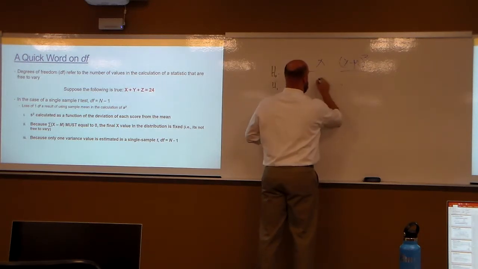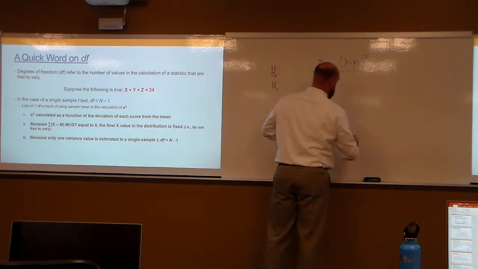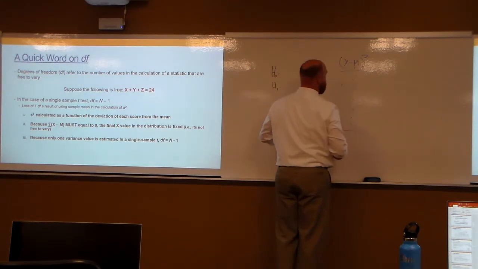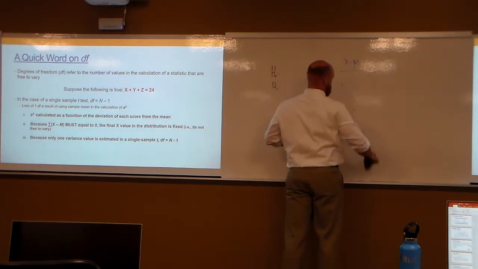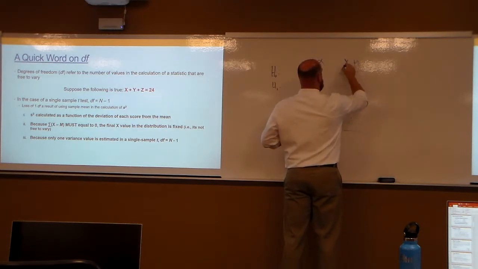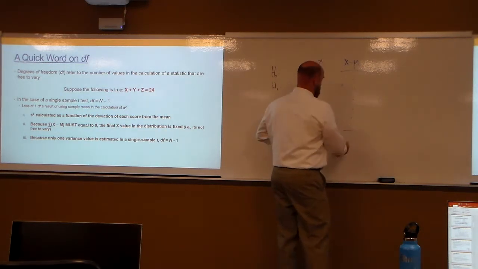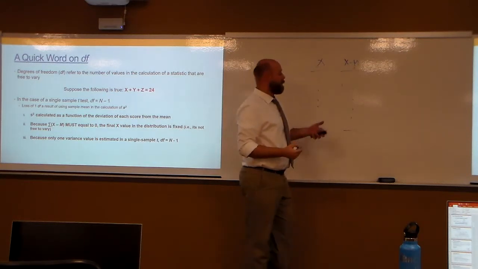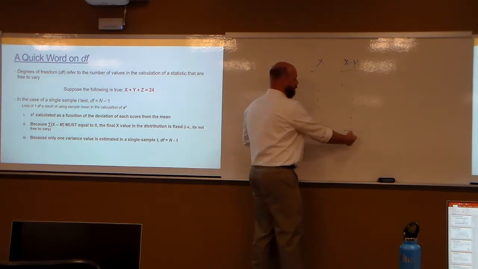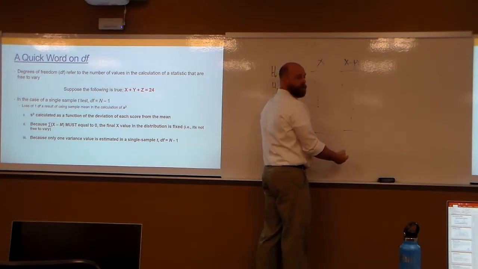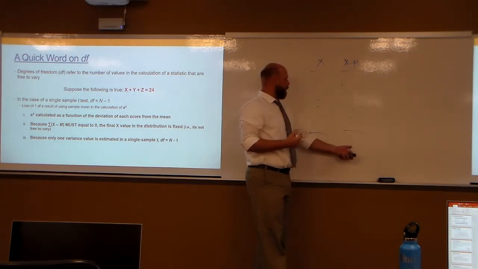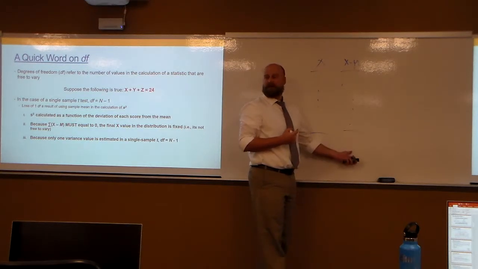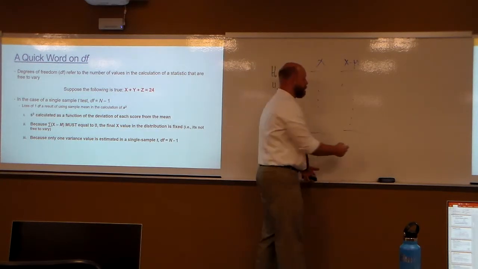So I can go through, have all my numbers here, and then have all my deviation scores, or excuse me, not squaring yet. Some of these are going to be positive, some are going to be negative. What's the sum of my deviation scores mathematically? It has to be 0, right?